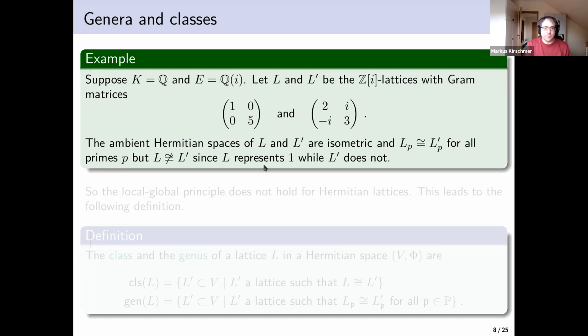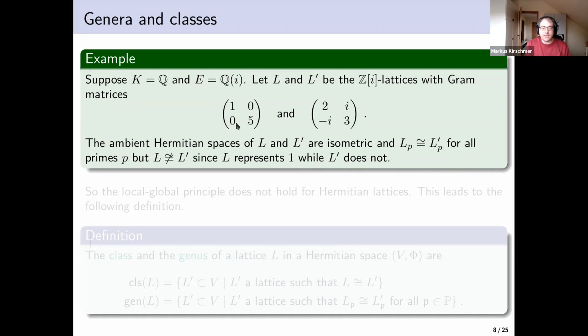Now, believe me, the Hermitian spaces of L and L prime are isometric, and the two lattices are actually isometric at all primes. This can be decided by checking local invariants. I'll explain that in a second. So just believe me that I didn't make any boo-boo here. So the lattices are locally isometric everywhere.